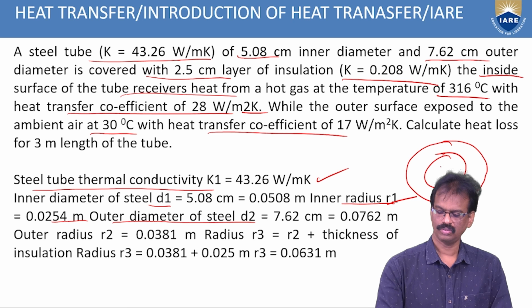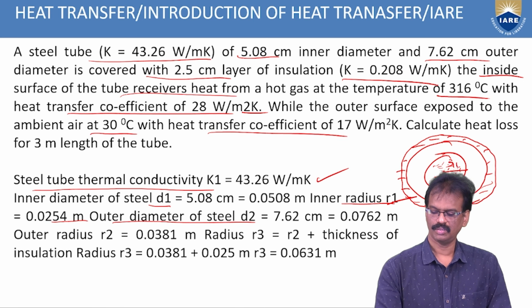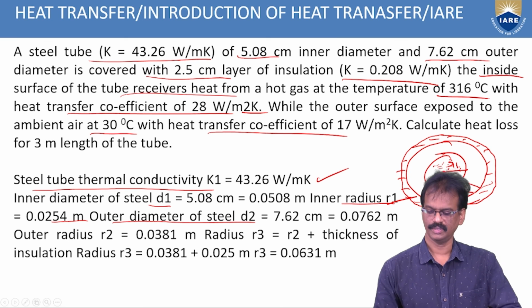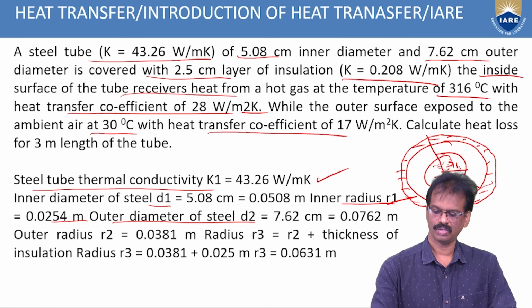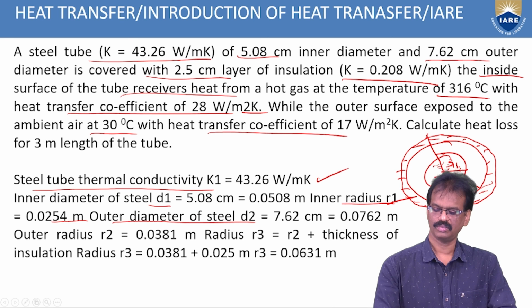In the hollow space the hot fluid is there. One insulating material is layered on this pipe. The inner radius is R1, this is R2, the outer radius. Next is R3, the outer radius of the insulating material.